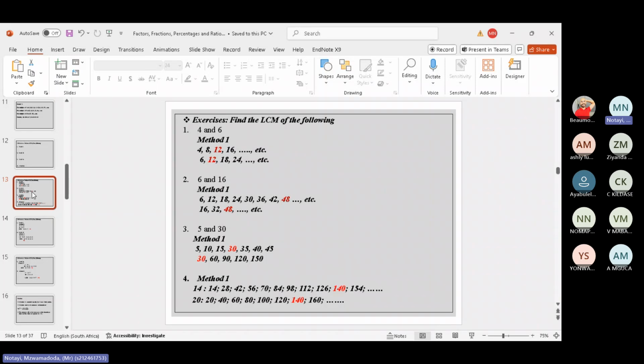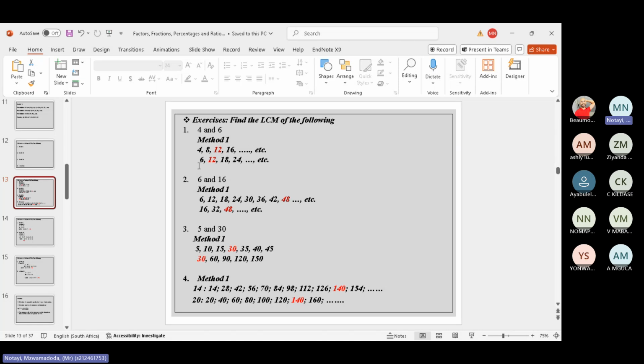Okay, number one, LCM of 4 and 6. So the first method would be to list the multiples of 4 and then list the multiples of 6. 4 times 1 is 4, 4 times 2, 8, 4 times 3, 12, 4 times 4, 16, and so on.